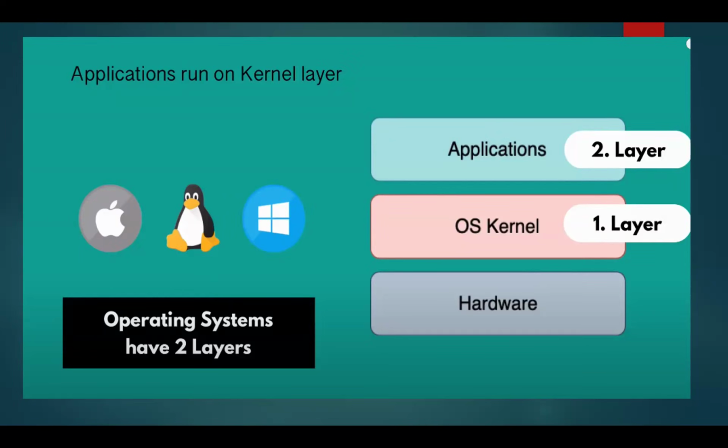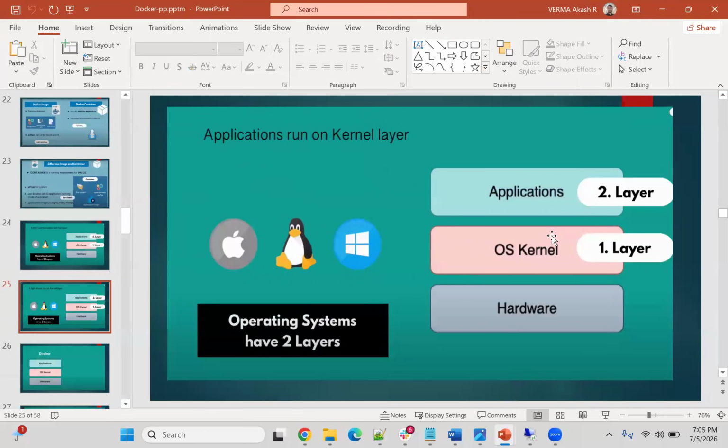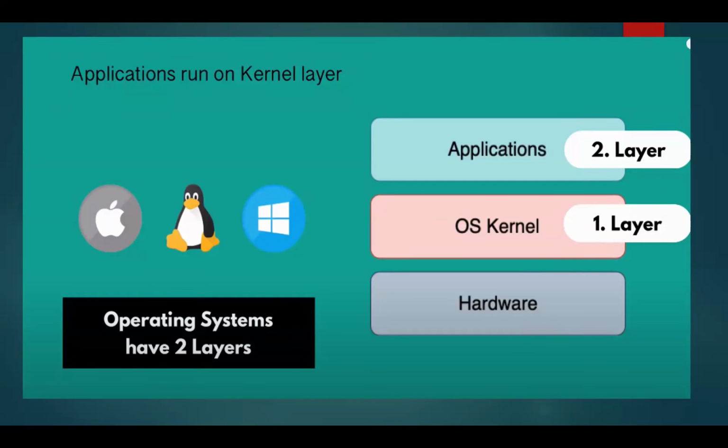Just like Docker, there is VMware, which basically creates a virtual environment for you. So what is the OS kernel? The kernel is the one that talks between hardware and software.